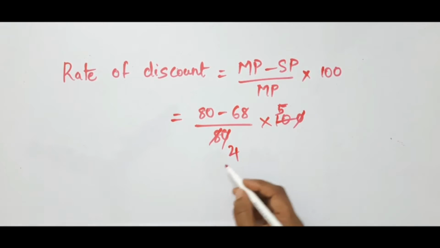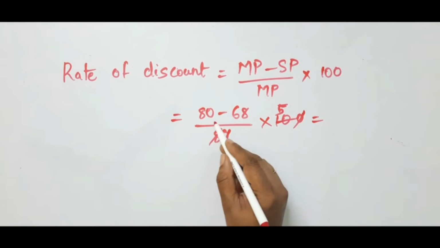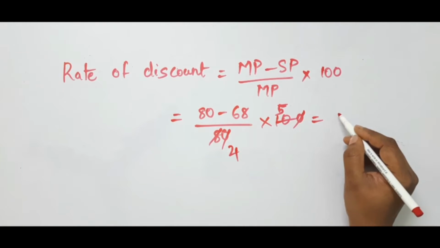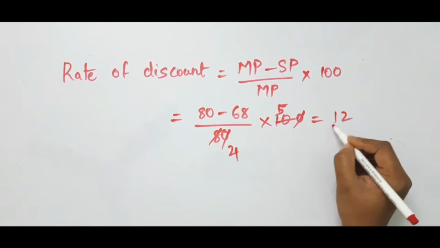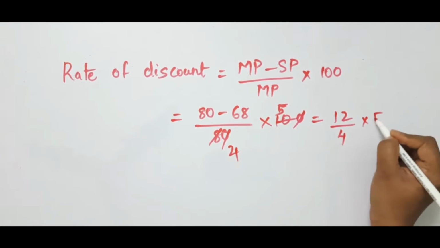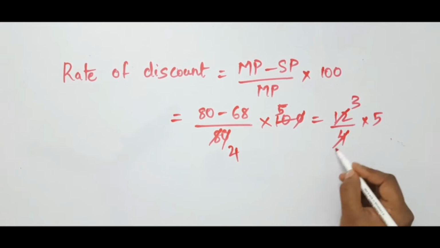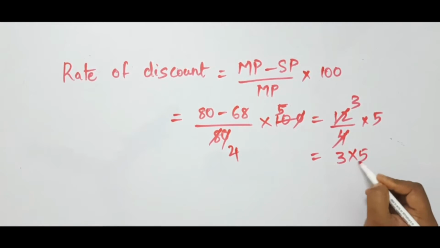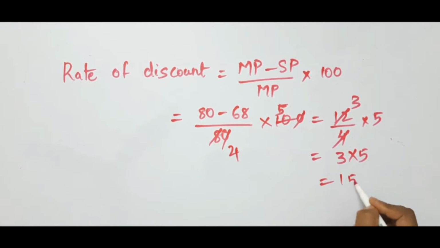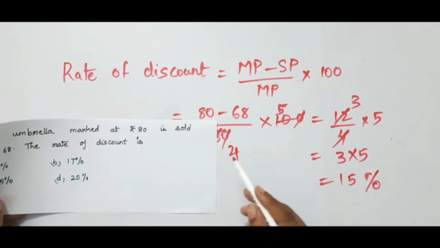So this is equal to 80 minus 68, right? 10 minus 8 is 2 and 7 minus 1 is 12, by 4 into 5. This is nothing but 4 threes, so this is 3 into 5. It is nothing but 15% rate of discount, is it not? It is nothing but a percentage.